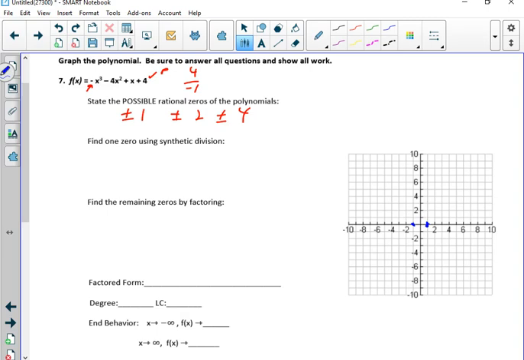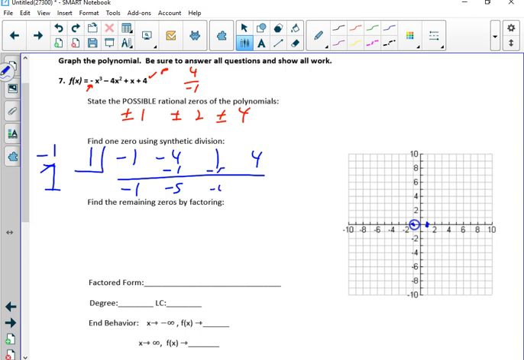So, I can use either one. No pun intended. Negative 1, I have a quadratic. Negative 4, I have linear, 1, and then my constant. Bring down. Multiply. Add. Multiply. Add.